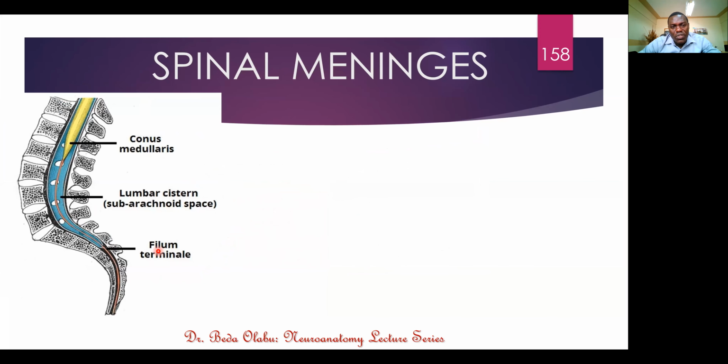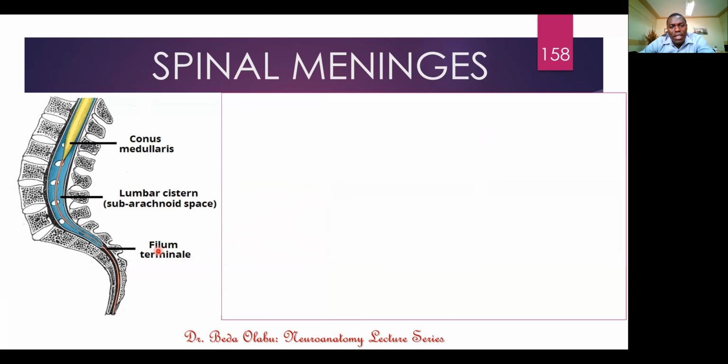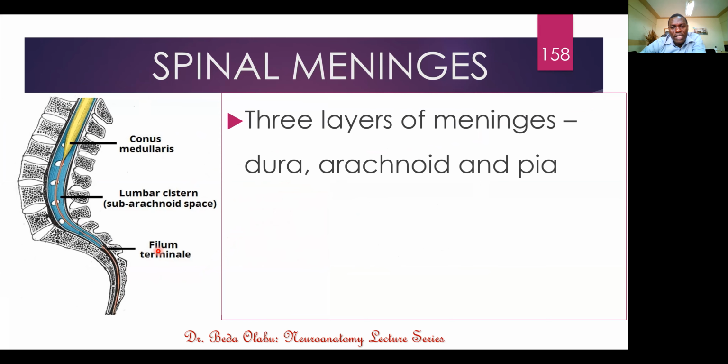Right, as we finish on the story of the spinal cord, let's talk about meninges of the spinal cord. The spinal meninges are just like the cranial meninges in some ways, although there are a few differences. So the same way we had dura mater, arachnoid mater, and pia mater in the brain, we have a similar concept for the spinal cord.